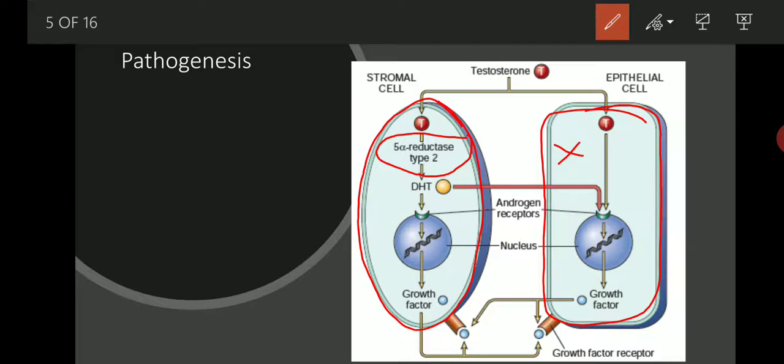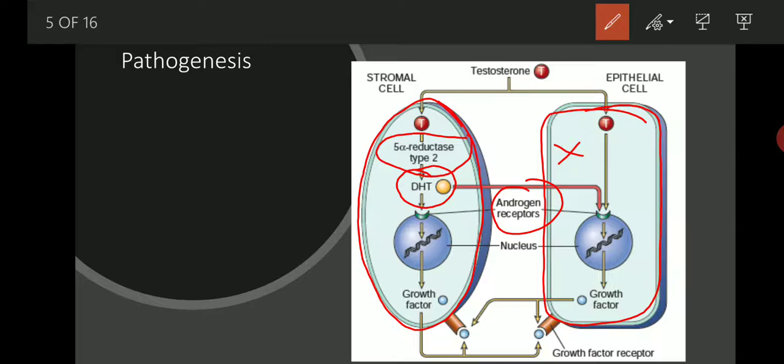The type 2 enzyme is seen in the stromal cells, whereas type 1 enzyme is not seen in the prostate. It is seen outside the prostate in the peripheral fat and maybe the skin area. The function of this enzyme is to convert the testosterone into dihydrotestosterone. This dihydrotestosterone then acts on the androgen receptors which are present on the nucleus of the cells.